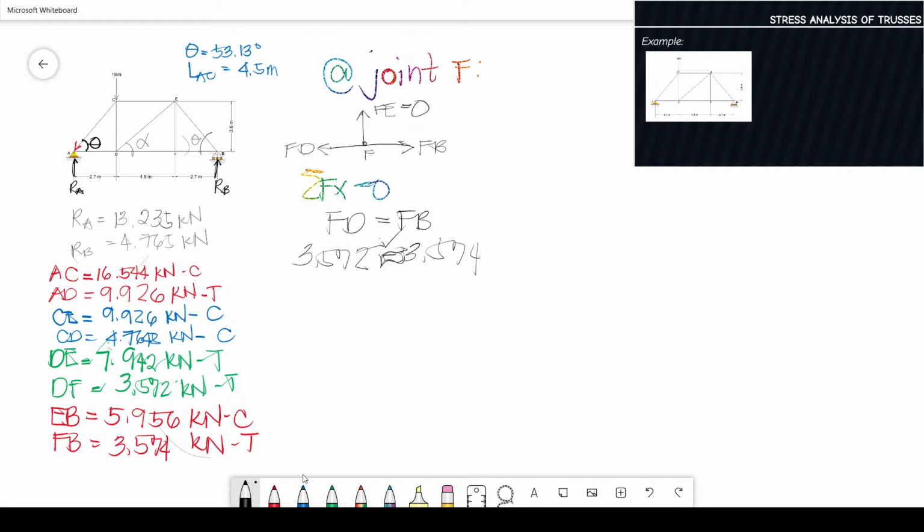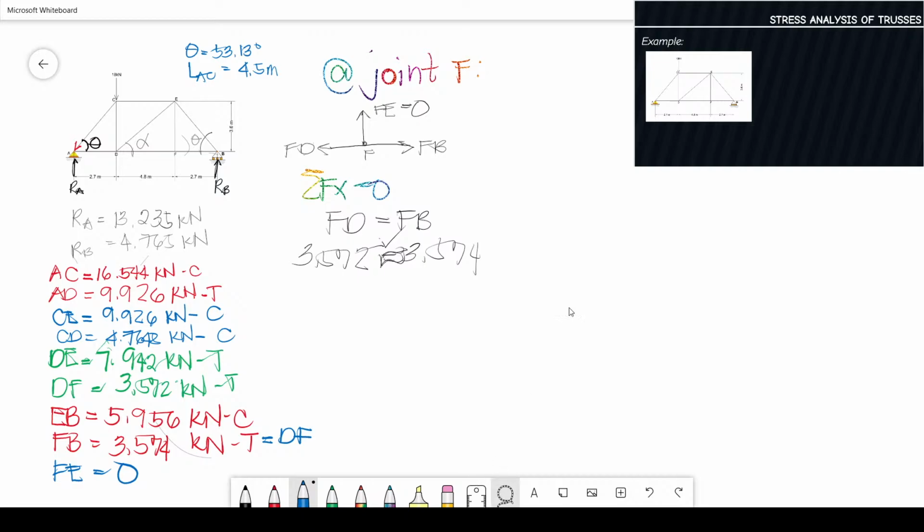So, FE is equals to 0. So, butang na lang kita, ha? An aton FB, okay na. FB and DF equals, so this is equal DF. Then, FE is equals to 0.